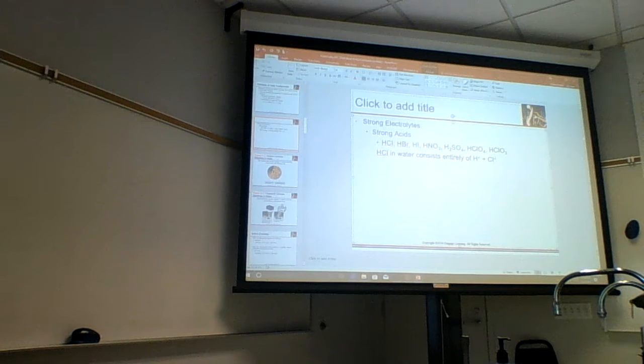That's it. And so the same goes for all these up here. The strong acids are one. What else do we have? What else we have are the strong bases.